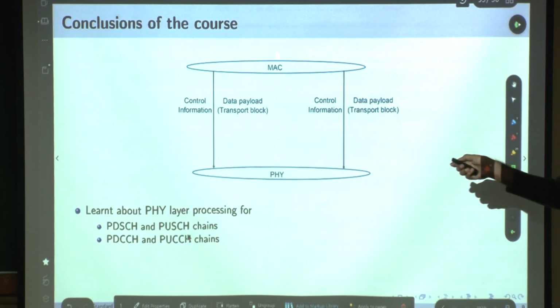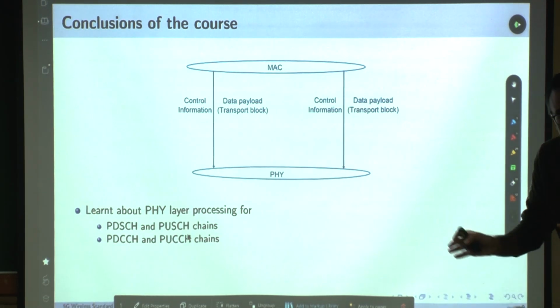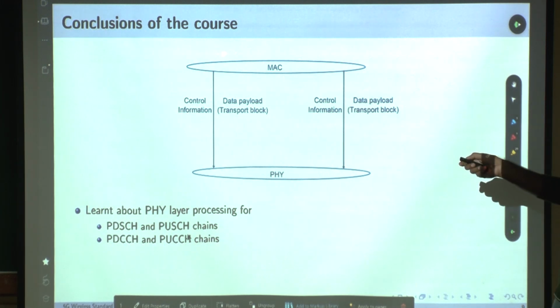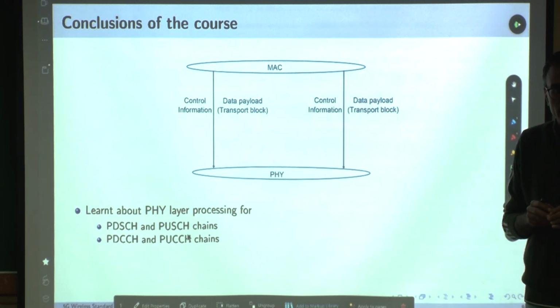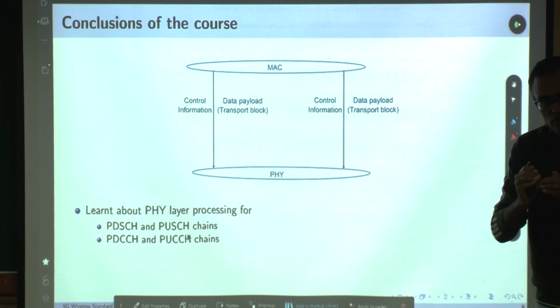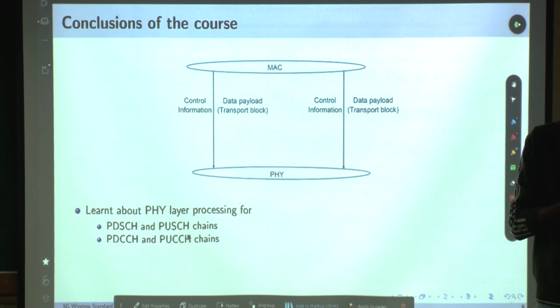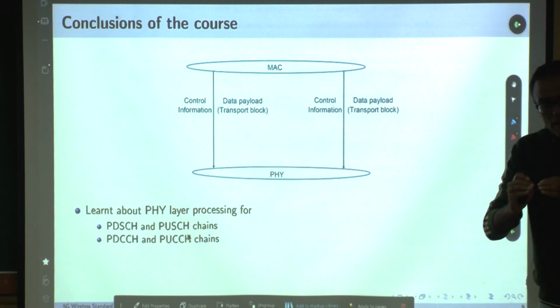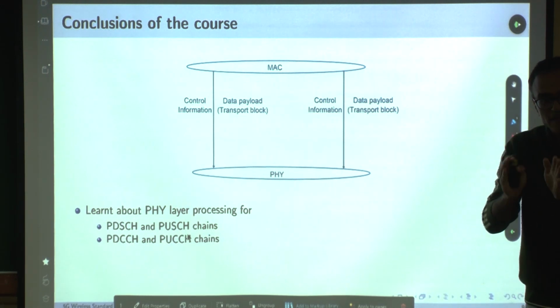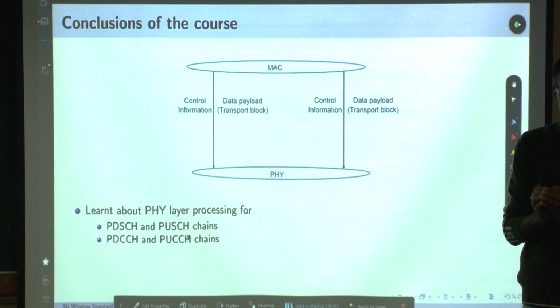Okay, so what was our focus in this class? MAC layer. We looked at one entity in the MAC layer, which is very important for a scheduler, right? We learned about different kinds of schedulers, but beyond that, we did not get into the details of MAC layer signaling, how MAC processes its data.